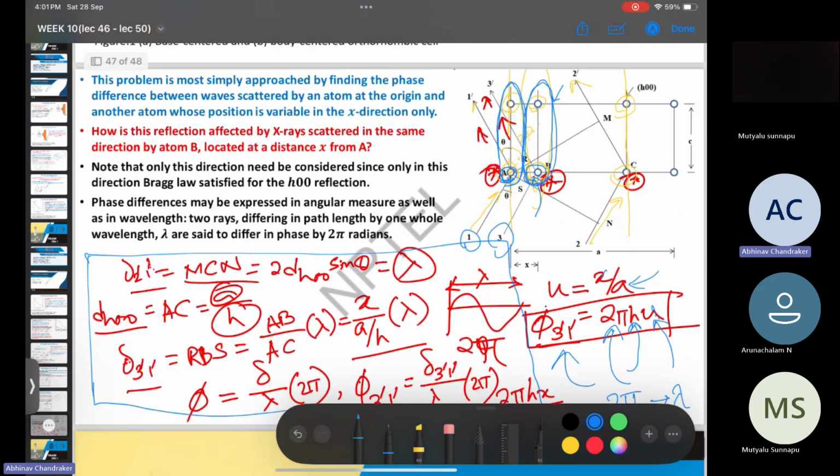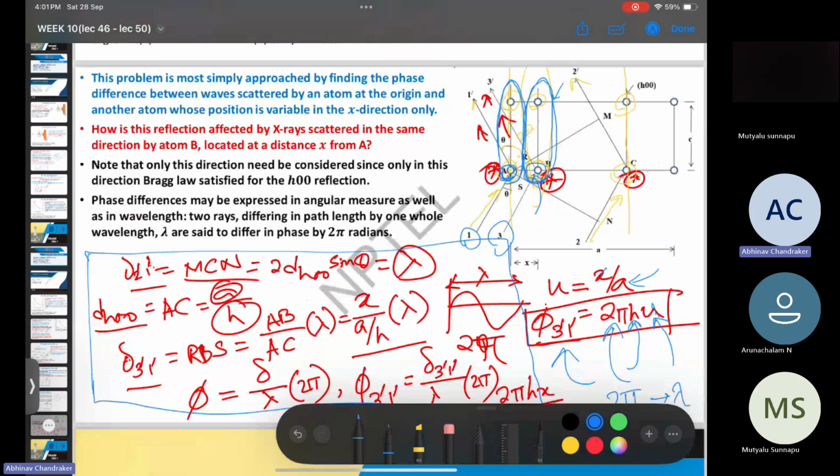So using this we can know the phase difference between diffraction by different planes of atoms, and then when we look at all these planes in a particular unit cell, we can tell what will be the intensity of the diffracted beam by the whole unit cell.